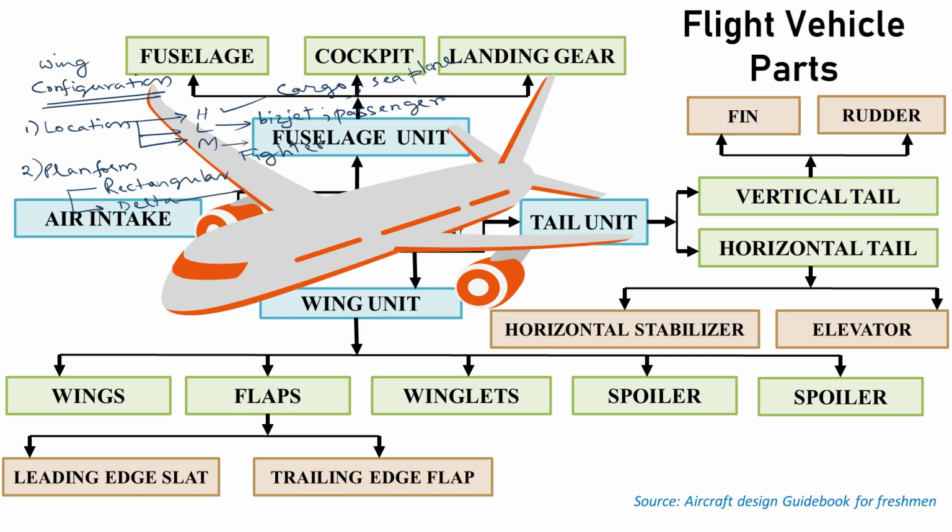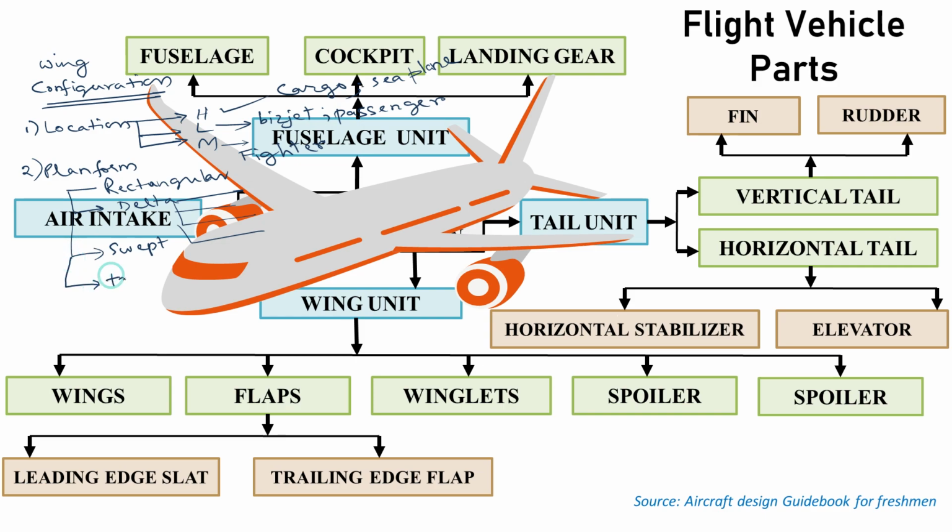Delta has many different types: compound delta wing, crop delta wing, simple delta wing, ogive. Ogive types are also there. Then we have swept wing. Swept can be backward, swept can be forward.